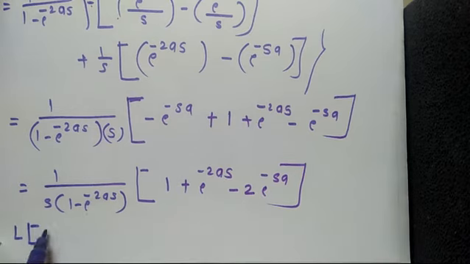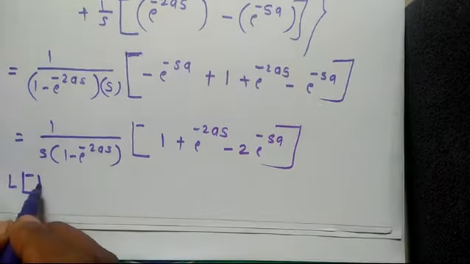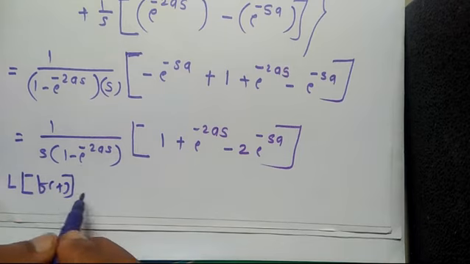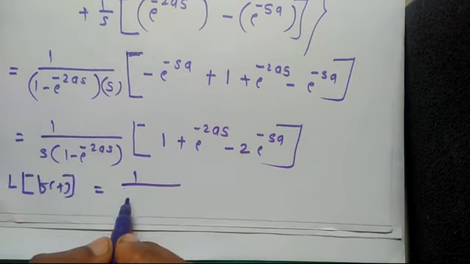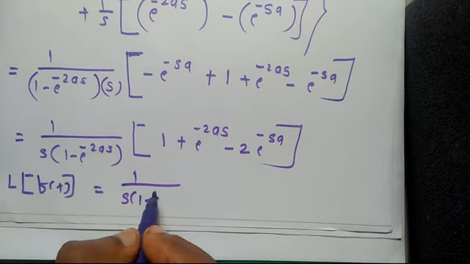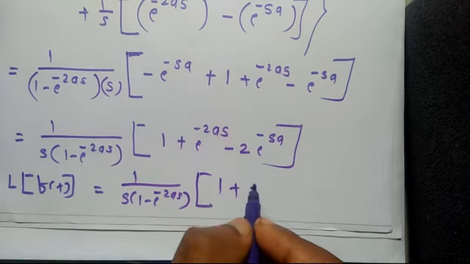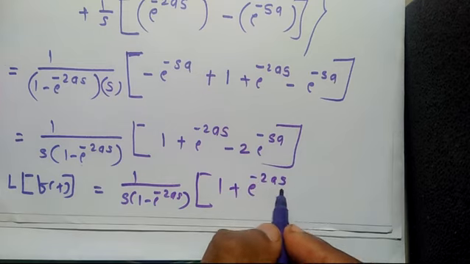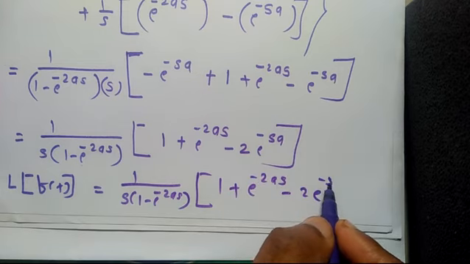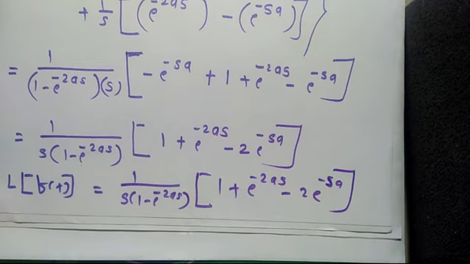That side is a Laplace transform of f of t is equal to 1 upon s times 1 minus 2as into 1 plus e to the power minus 2s minus 2 times e to the power minus s. So answer is over. But here only have to find out the integration.